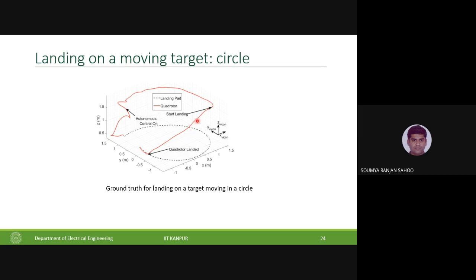If you can see, the height keeps on decreasing while it is tracking the circle, and finally at this point the quadrotor landed. You see there is an overlap in the trajectory of the quadrotor and the ground vehicle, essentially meaning that the quadrotor is now on top of the vehicle and is moving along with it.